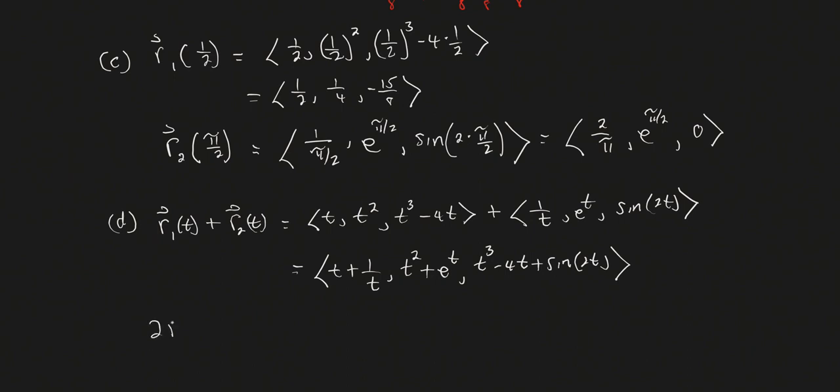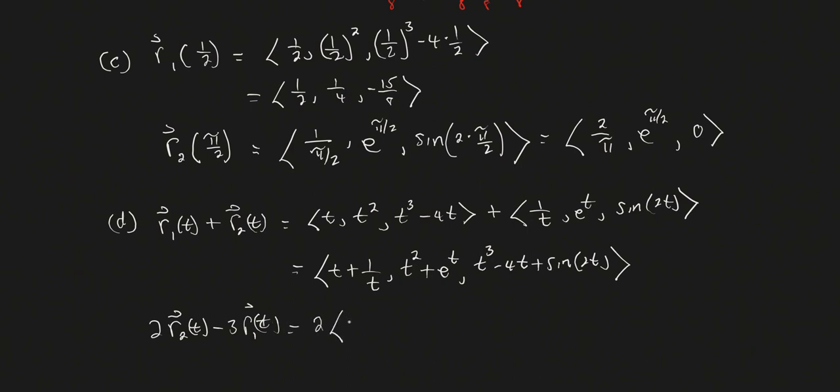What if we had like 2r2 of t minus 3r1 of t. So here we would distribute, so let's set it up.